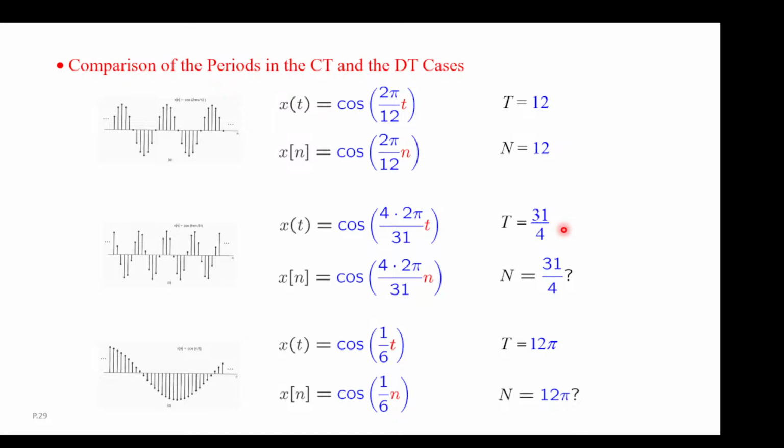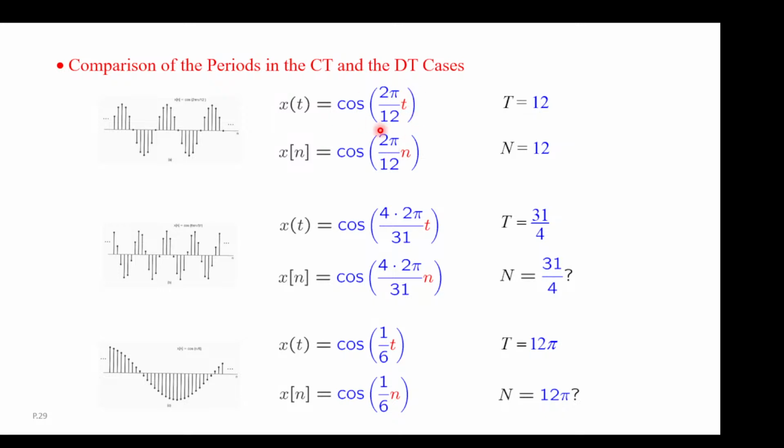So let's see three signals and compare their continuous time and discrete time difference. We actually saw them previously. The first signal has omega naught equal to 2 pi over 12. So x of t equals 2 pi t over 12, and x of n equals 2 pi n over 12.